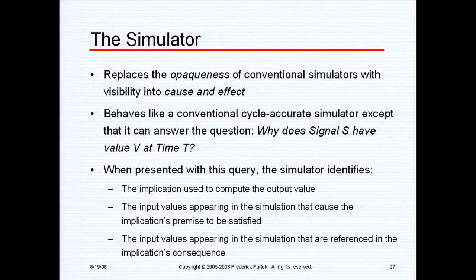You have massive input vectors, you get massive output vectors, but there's nothing in those massive vectors that tells you what the cause and effect is. For example, if I have an anomalous output value, I'd like to know which input values cause that anomalous output value.